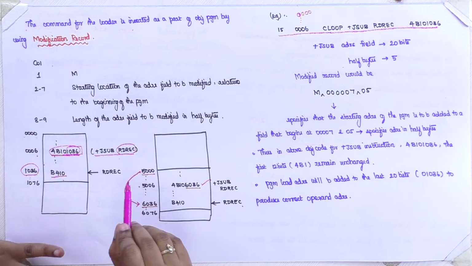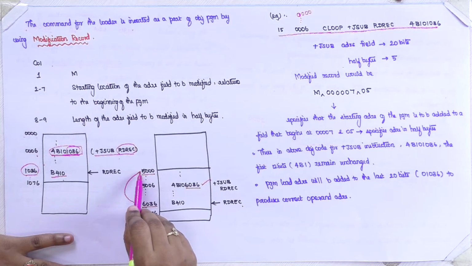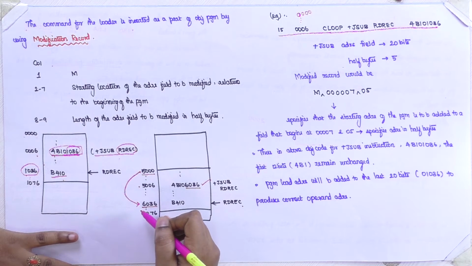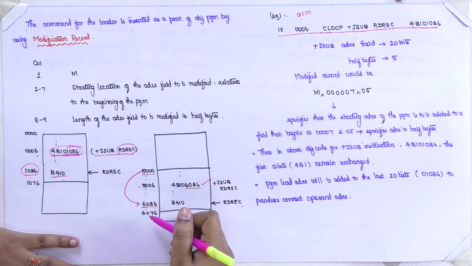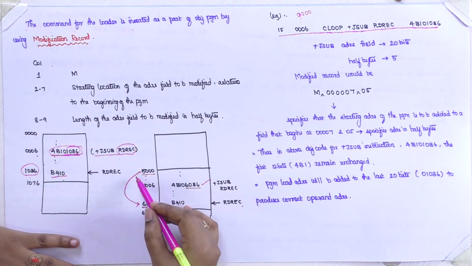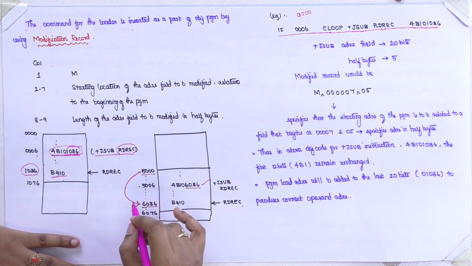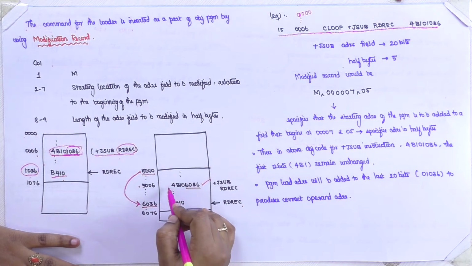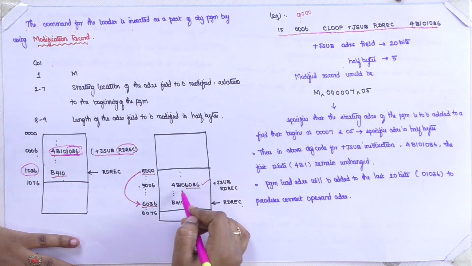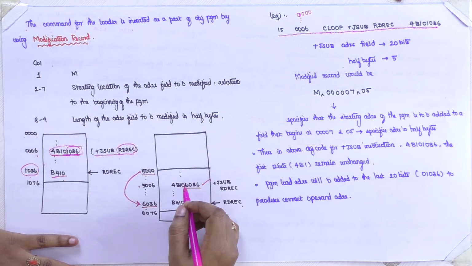Depending upon the starting address, it has to be added to the instructions that require modification. This information is provided by the assembler to the loader so that the loader will add the starting address to the instructions that need modification.